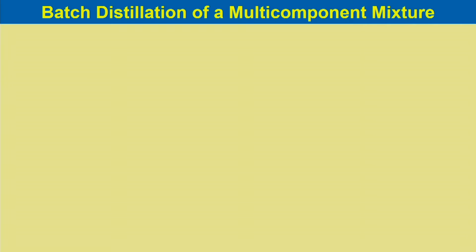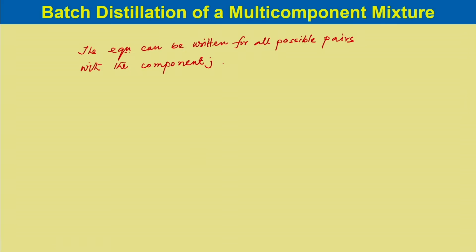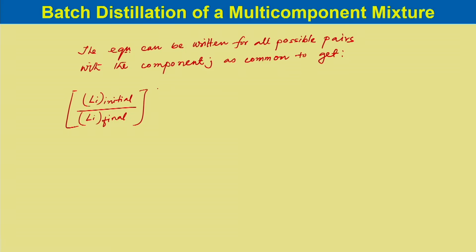Now, the equation which we have developed by the integration can be written for all possible pairs with the component j as common to get the following equation: Li initial divided by Li final to the power alpha ji is equal to Lj initial divided by Lj final and so on.